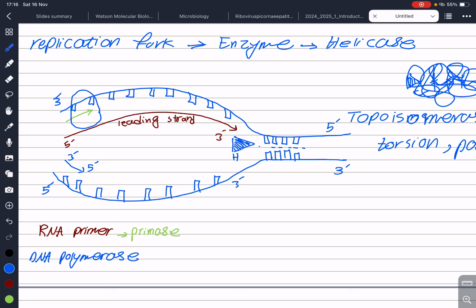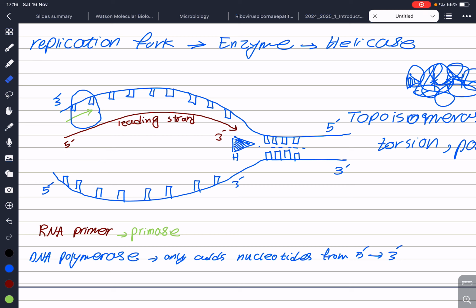It can only add nucleotides in the 5' to 3' direction. So what will happen?